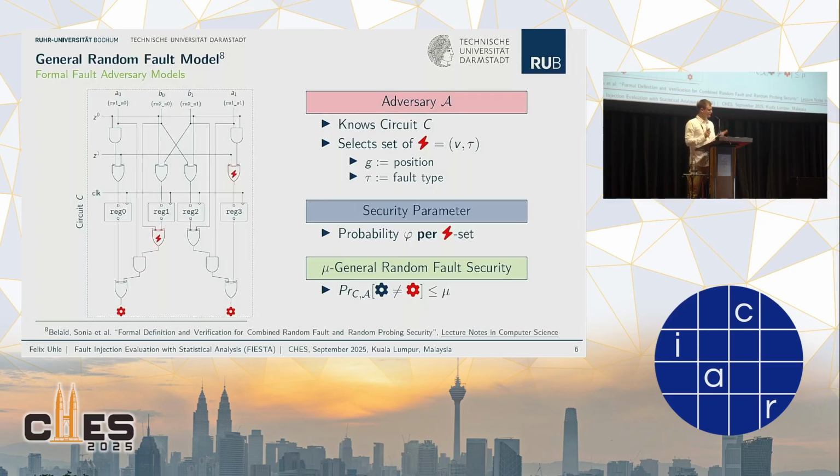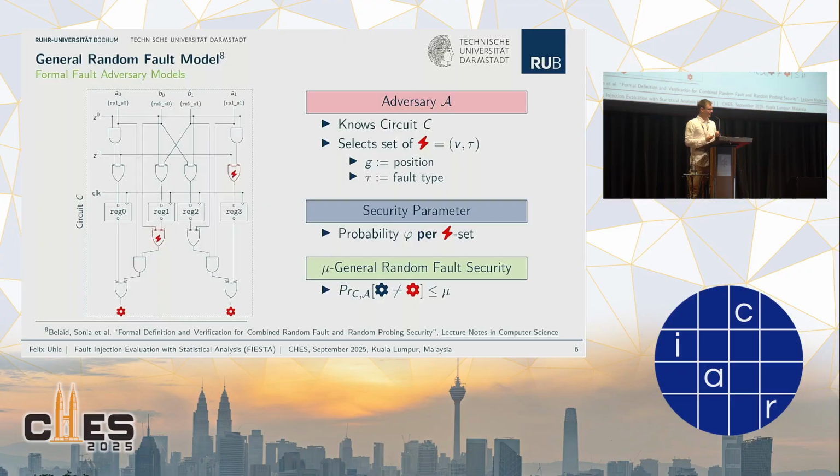This model was later generalized quite recently to the general random fault model, and we have here two major changes to the random fault model. The first change is that we now target or fault gates instead of wires, and the second, probably more important, change is that we have now one probability per fault set, per fault combination. I will use both terms interchangeably within this presentation.